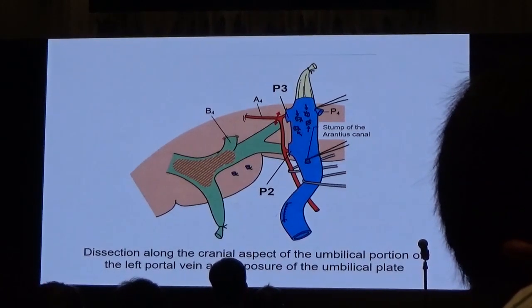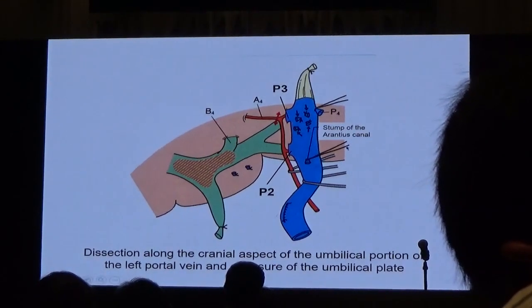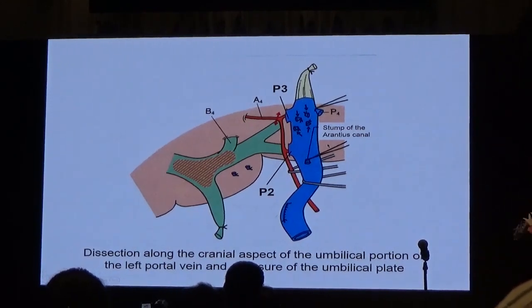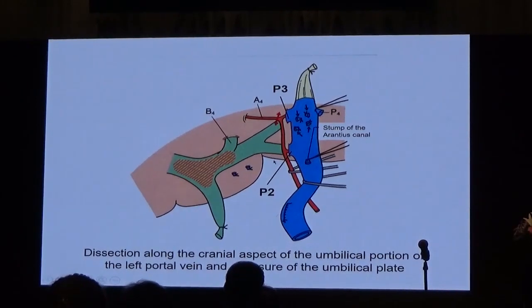So we can see the left hepatic artery on the right side of the mobilized umbilical portion of the left portal vein here. Usually, the left hepatic artery runs into the liver from the left side of the umbilical portion. But after dividing the umbilical portion, we can expose the left hepatic artery on the right side.